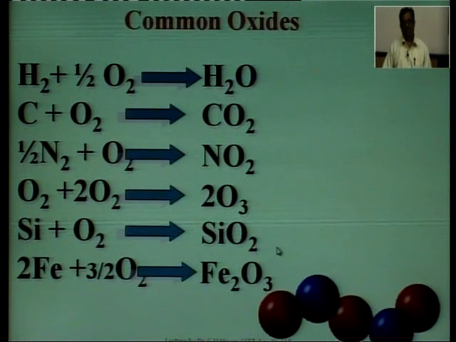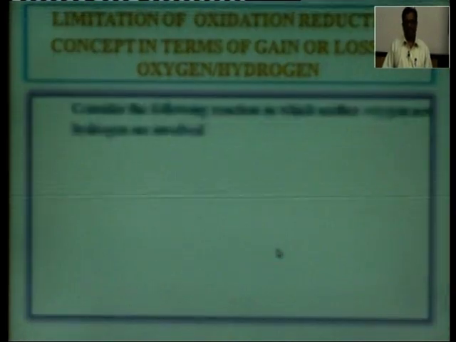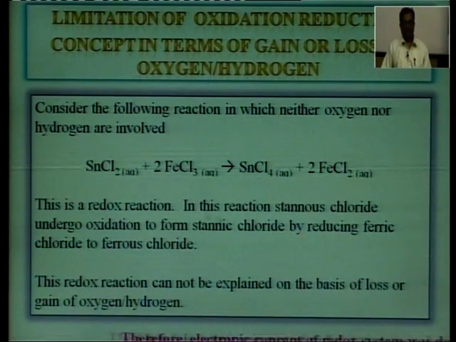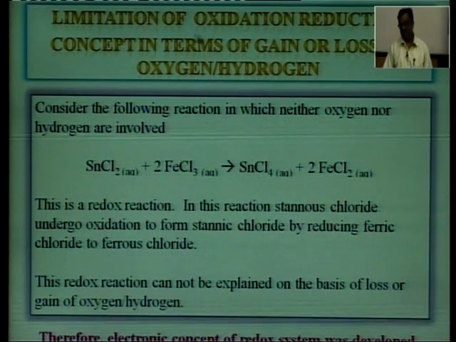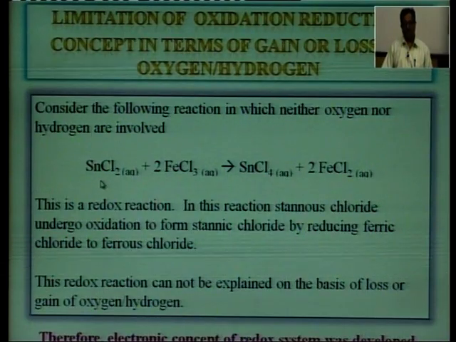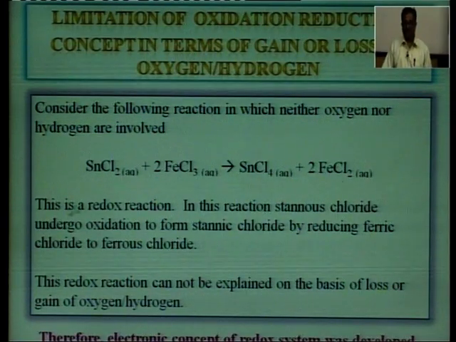So, these are the points which you have learnt in the previous classes. But it has limitations, because consider the following reaction. Stannous chloride when treated with ferric chloride will form stannic chloride and ferrous chloride.